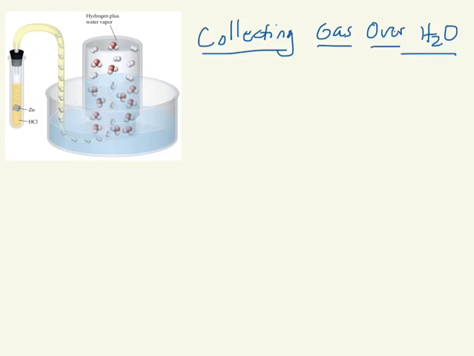So whenever you see a problem that tells you that something was collected over H2O, you have to understand that there's going to be a mix of the gas that you're collecting plus water vapor. So here it says hydrogen plus water vapor. There's always going to be a little bit of H2O molecules in the gaseous state as they're evaporating off the surface into this area of gas. Okay, so we'll worry about that in our calculations in a minute.